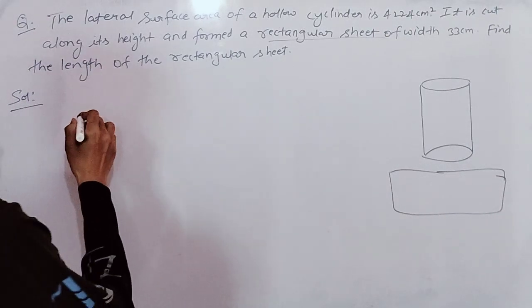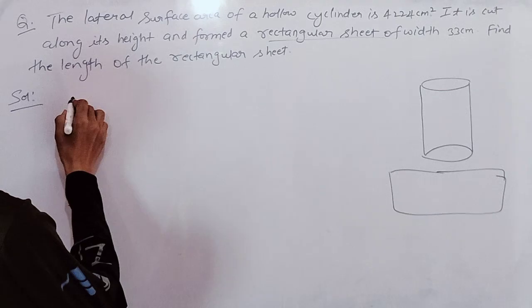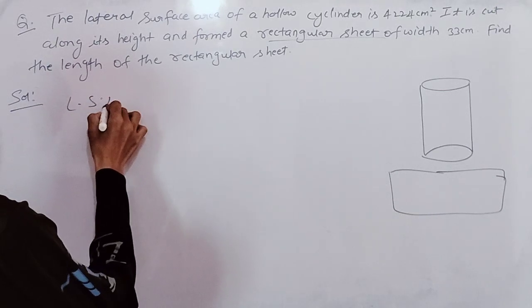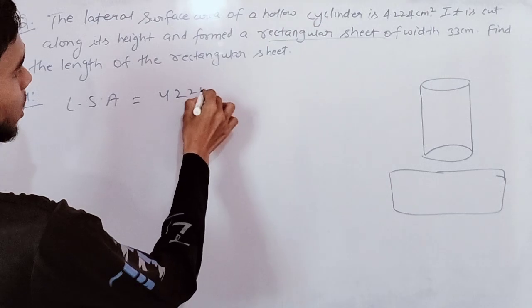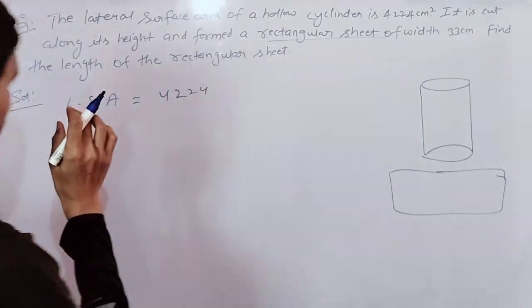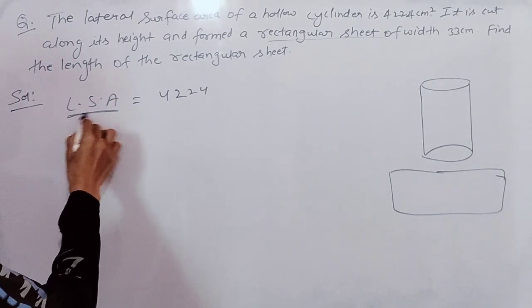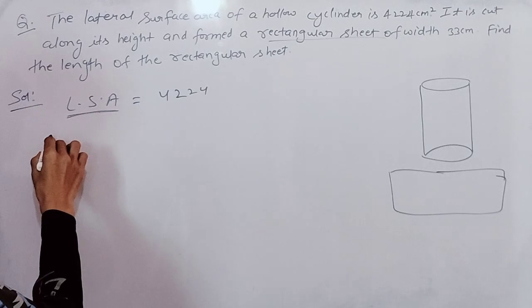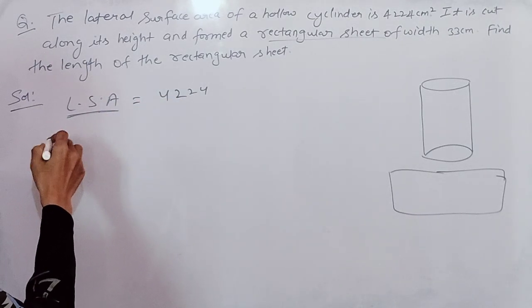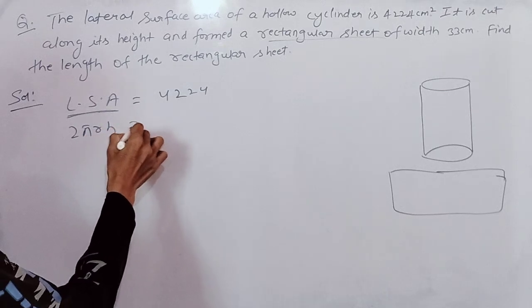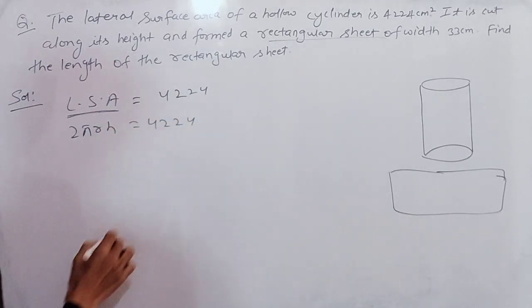If the lateral surface area is given as 4224 centimeter square, the lateral surface area is 2 pi r h, 4224.